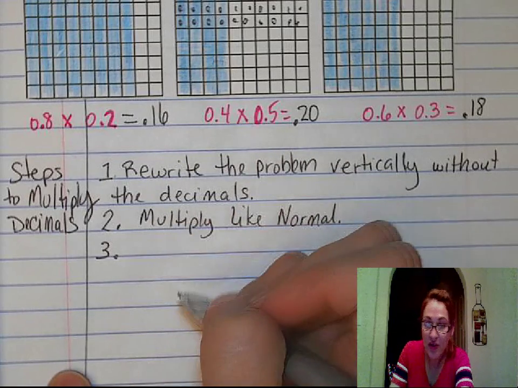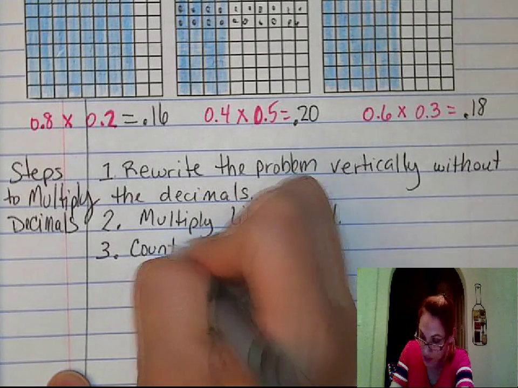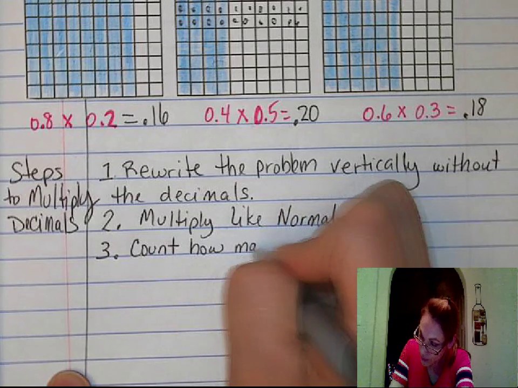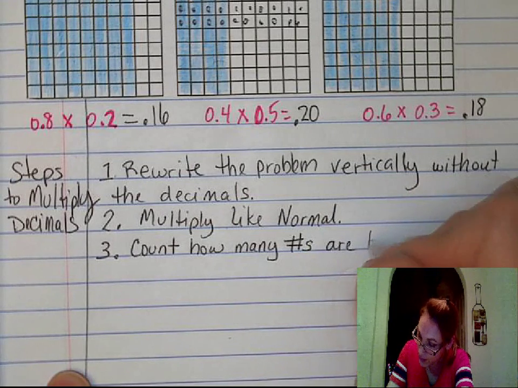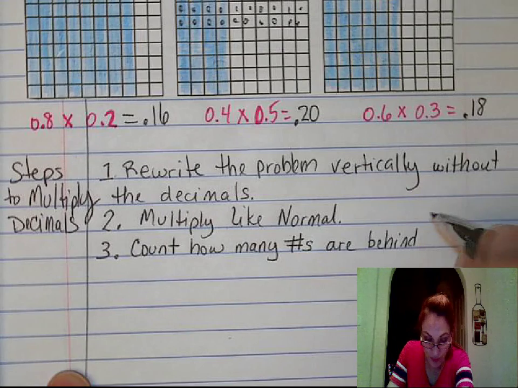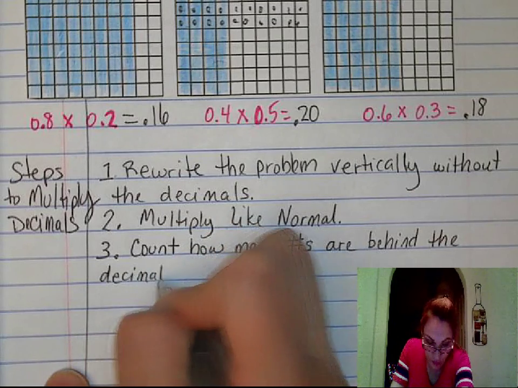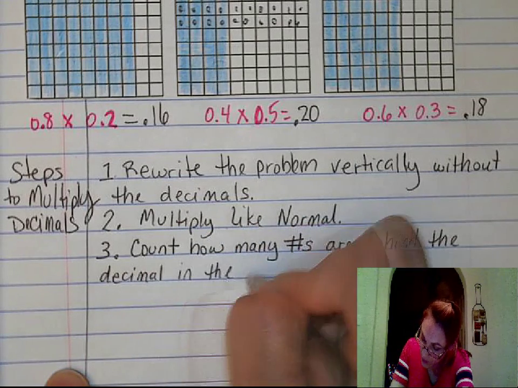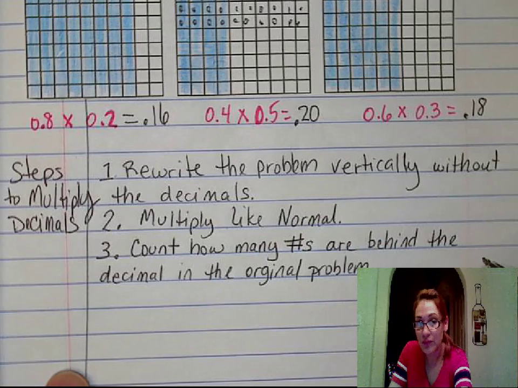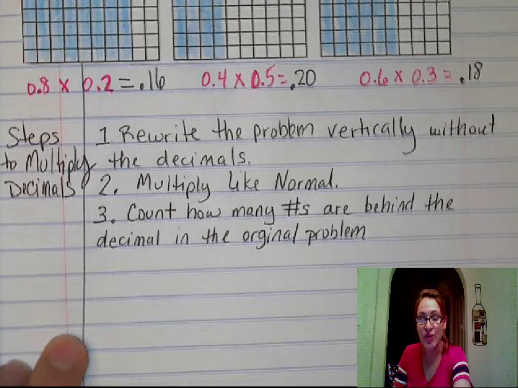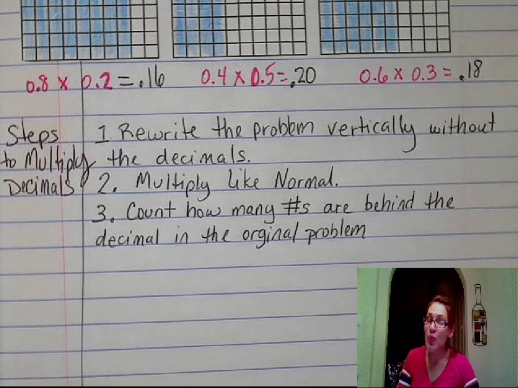What you're going to do is count how many numbers are behind the decimal in the original problem to determine where your decimal goes in your answer.